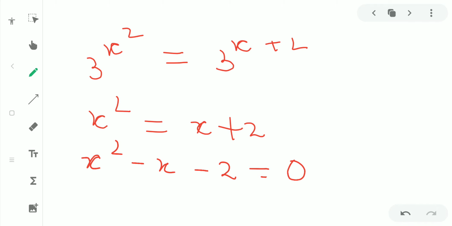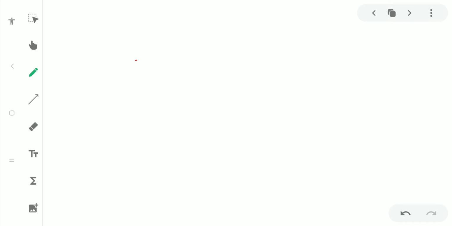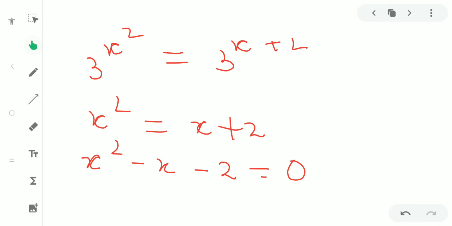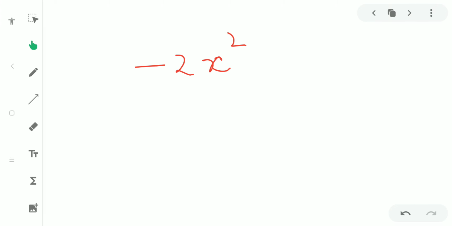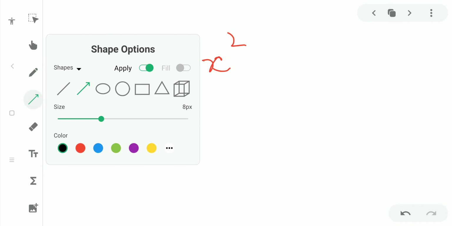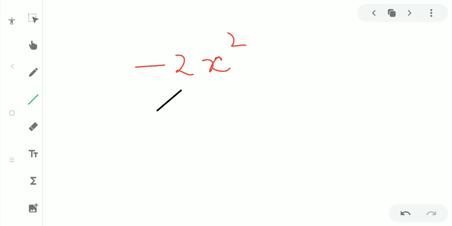Now we have x square minus x minus 2, so we multiply the first term and the last term: x square and minus 2 give minus 2x square. We should split it in such a way that we get minus x.